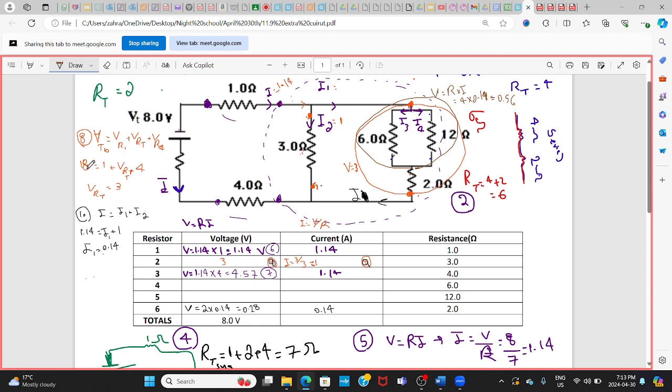Okay, I see my mistakes. I think instead of the V here, see that? I put the resistance. I'm gonna check that back. So it's VR1. V was 1.14, okay? I put it 1. And VR4, right? VR4 here is 4.57. I should change this.